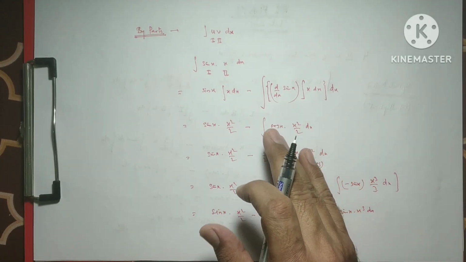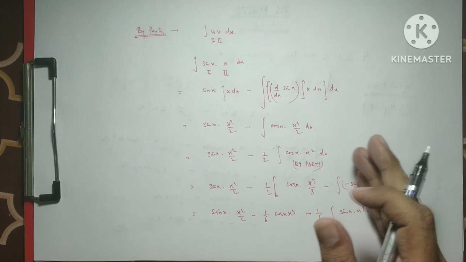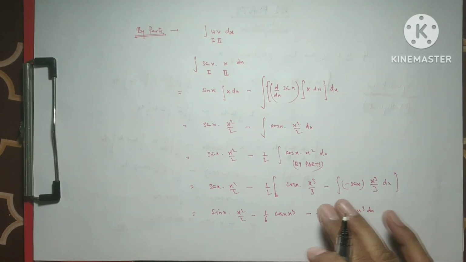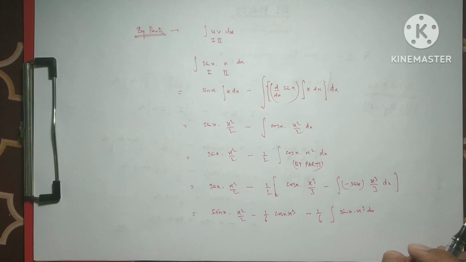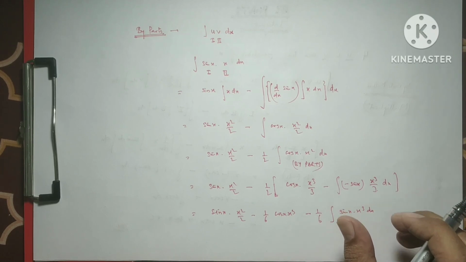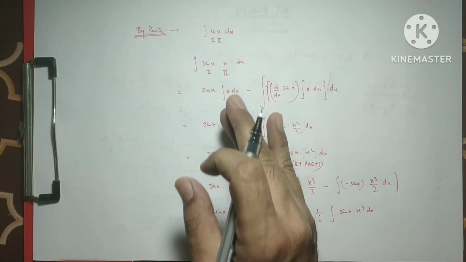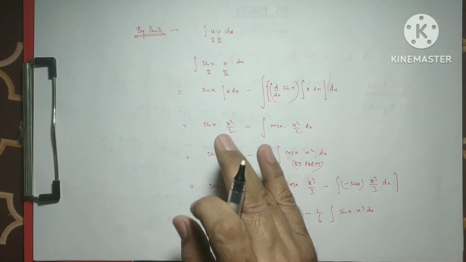You will use by parts again and again, and this integration will never be completed. That's why it is mandatory to first apply the by parts method in a specific order.